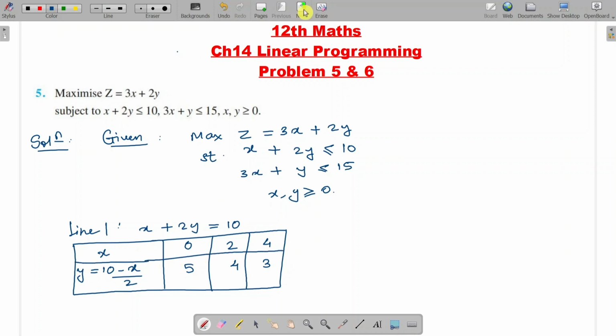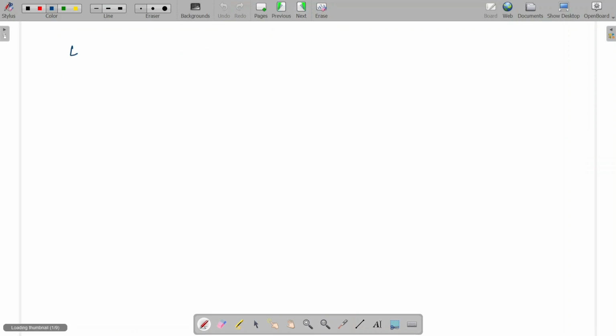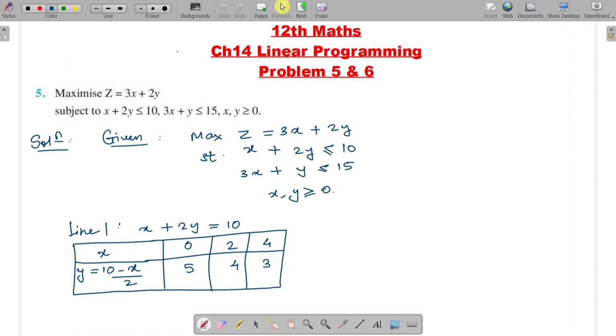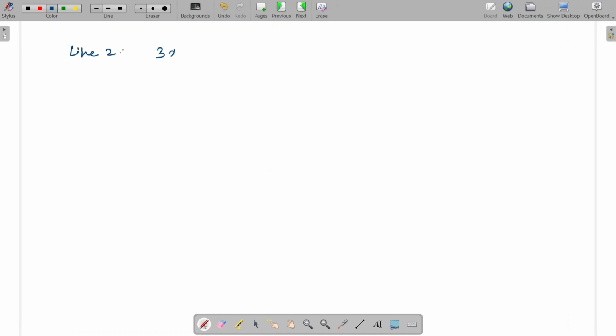Now let us make the table for the second line. Line 2 is nothing but 3x plus y equal to 15. So x is x and y is nothing but 15 minus 3x. Suppose we take x equal to 5, we will get 0 here.